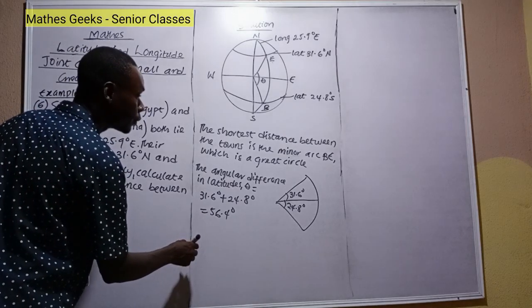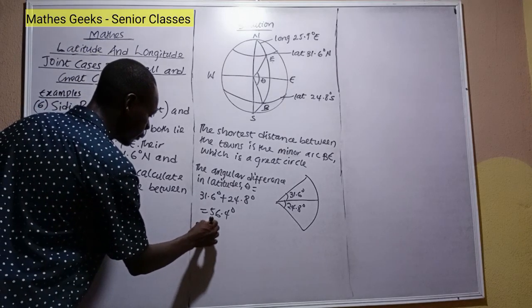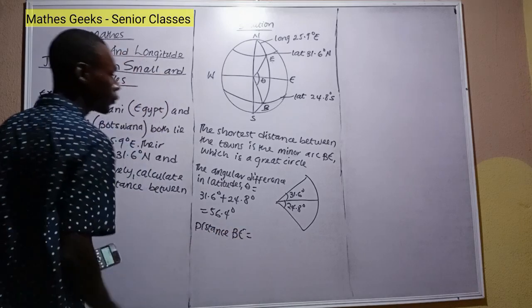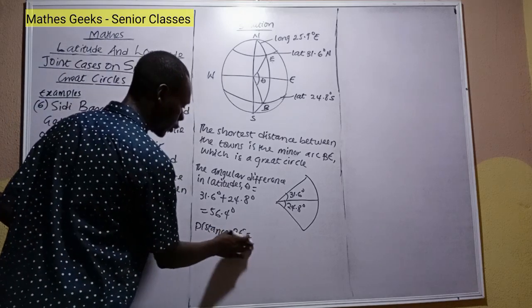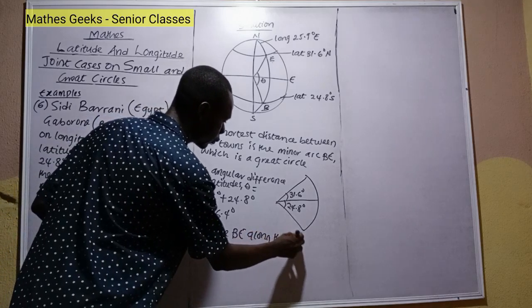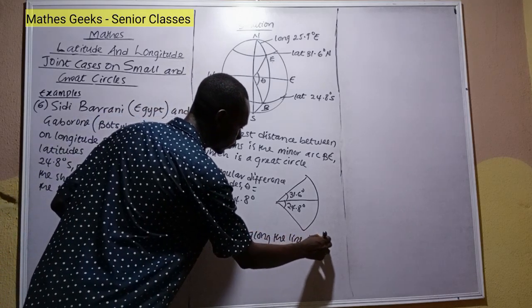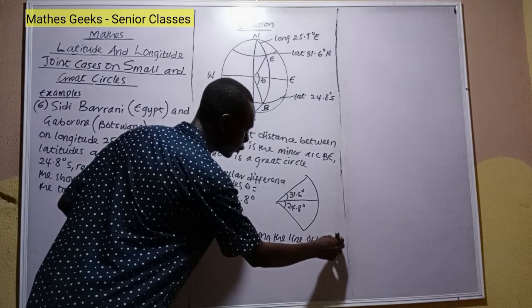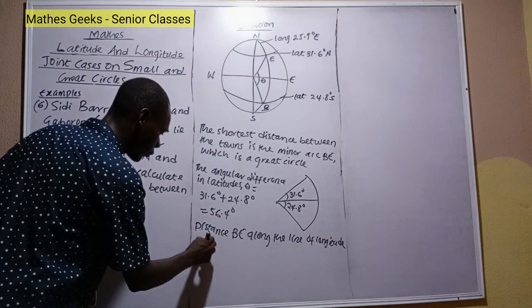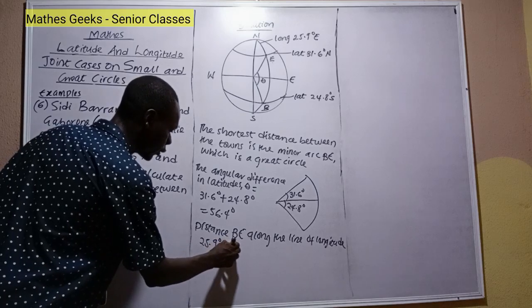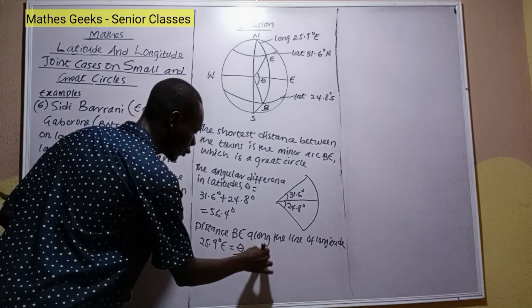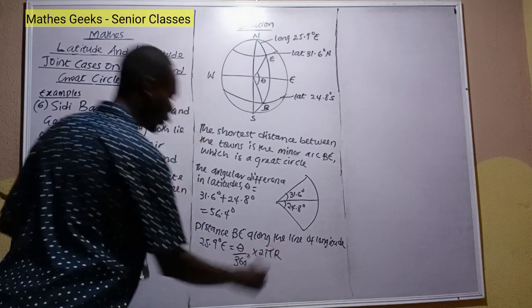So distance BE along the line of longitude 25.9 degrees east is equal to theta over 360 degrees times 2 pi r.